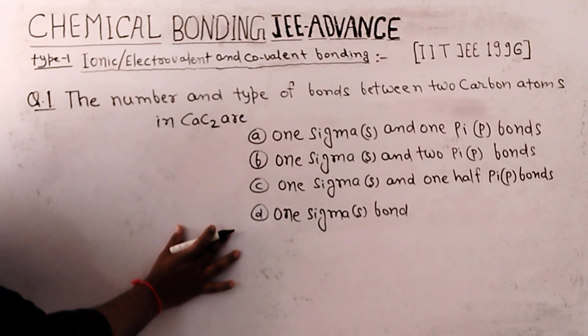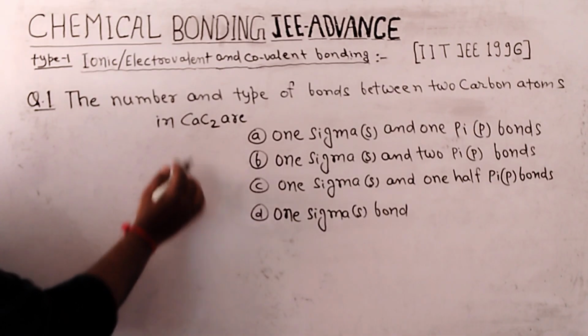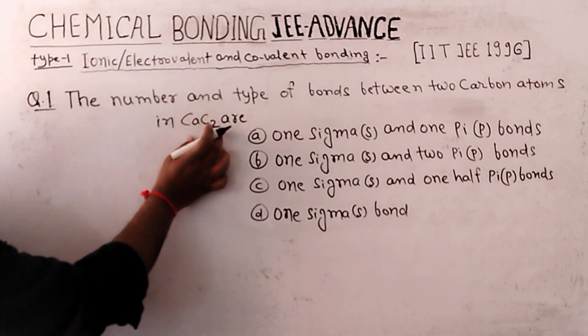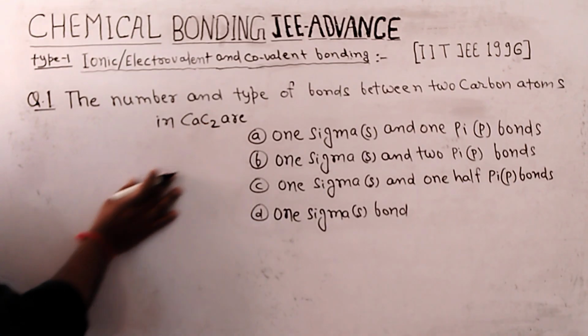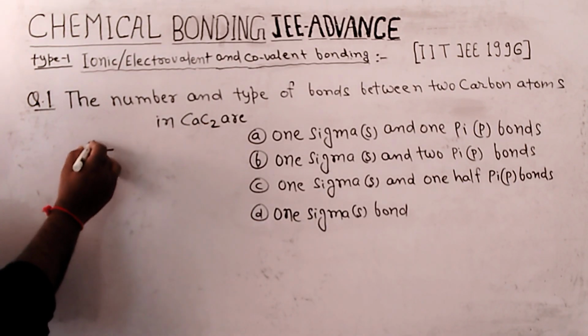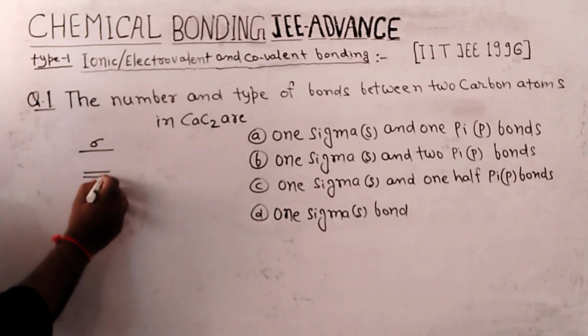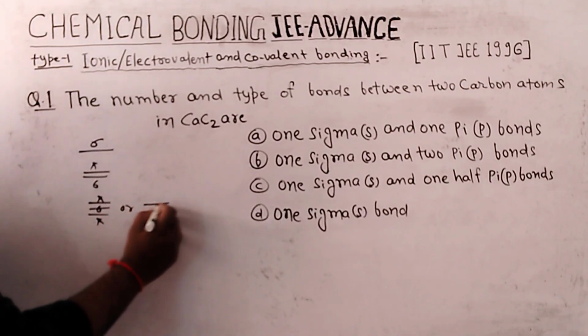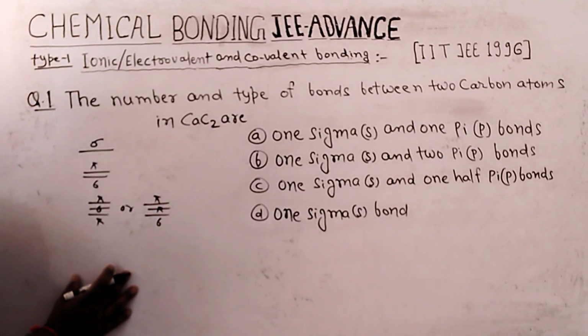Options are given. According to this question, how many sigma and pi bonds are present in CaC2? Actually, the name of CaC2 is calcium carbide. A single bond is a sigma bond, a double bond is one pi and one sigma, and a triple bond is two pi and one sigma.